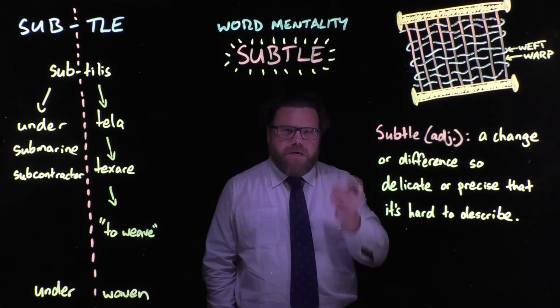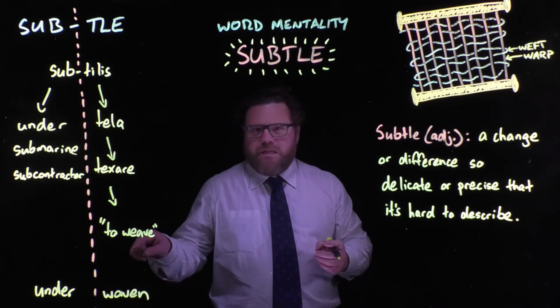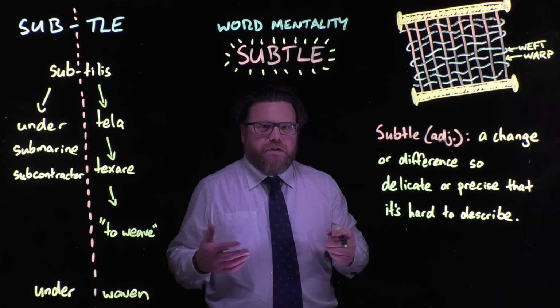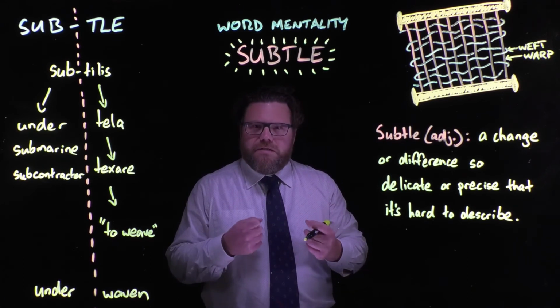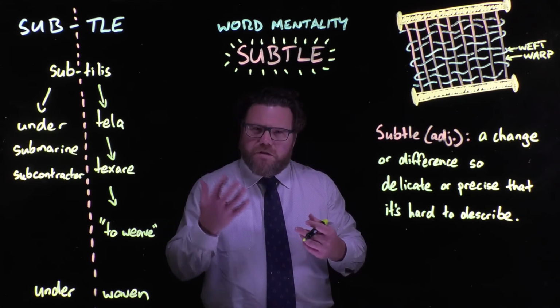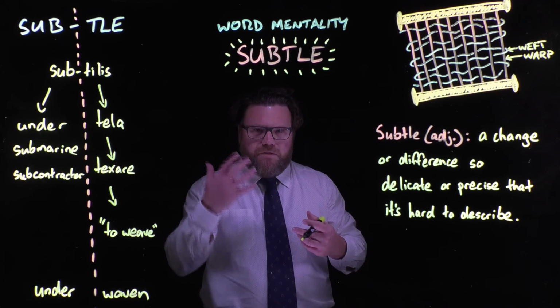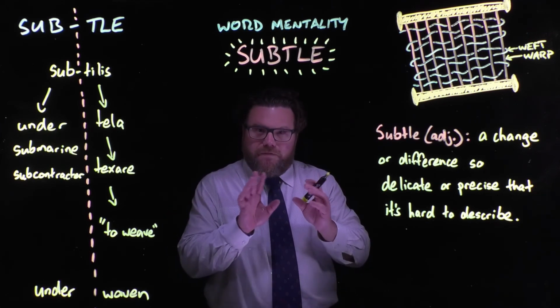So they tend to be much finer, much more delicate. And so this idea of something going under in weaving terms means that it's a delicate, fine cloth. So this is what the Romans used to use to refer to fine cloths like gossamers or things that could be used for veils. So something that was underwoven was delicate and fine.